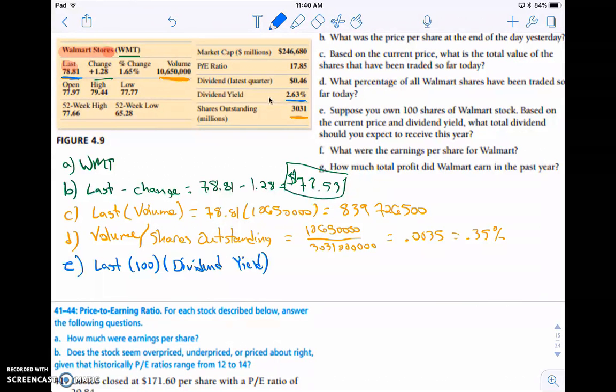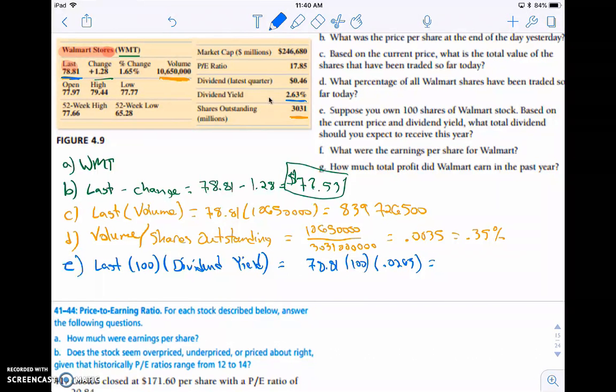Remember, whenever you're multiplying these things out, you're going to times them by the decimal. So we're going to get 78.81 times 100 because you own 100 shares, times that dividend yield, which is 0.0263.